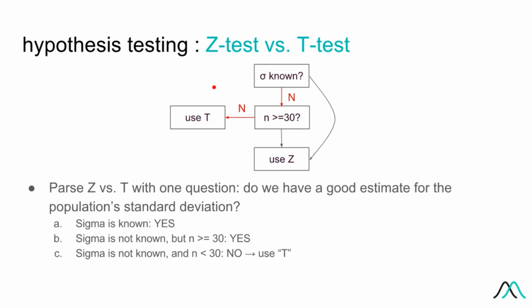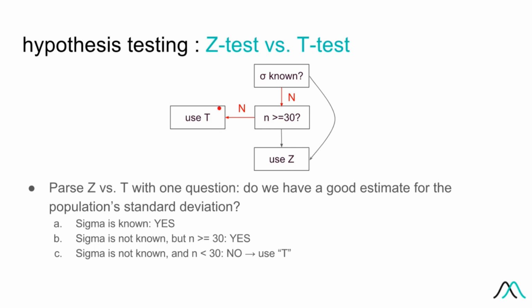Let's take our height data for an example. We don't know sigma, we don't know the true standard deviation of Sasquatch heights, and so sigma is not known, and n is only 10, which is less than 30. So the 2 no's say that we have to use a t-test in our Sasquatch heights example.